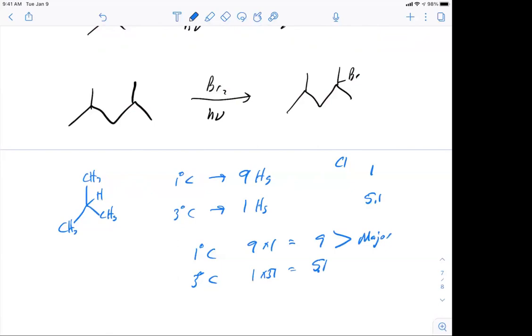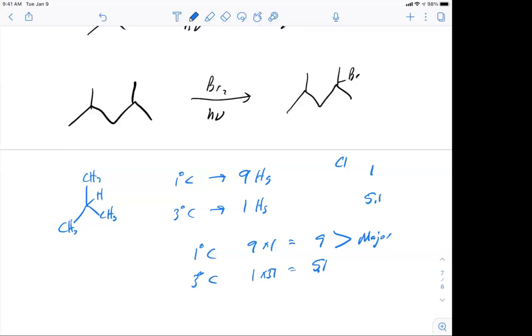Now, why does this work? Well, the selectivity between the chlorine on primary and tertiary is 1 to 5. So tertiary is still favored. But if we look at hydrogen abstraction, we have a statistical difference between 9 hydrogens for the primary and 1 hydrogen for the tertiary. So even though tertiary is more reactive, we have a higher statistical chance of abstracting the hydrogens.